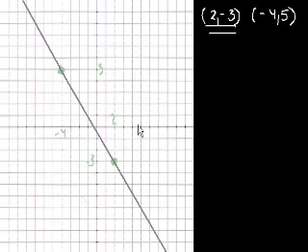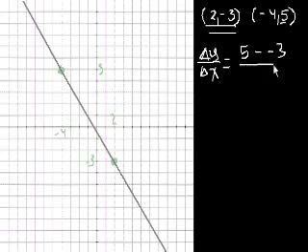All right, so first we need to figure out the slope. We could just do that with algebra. So its slope is delta y over delta x, change in y over change in x. Let's take this y as the first point, so we'll say 5 minus this y, negative 3, over, since we use the 5 first, we have to use the negative 4 first as well, negative 4 minus 2.